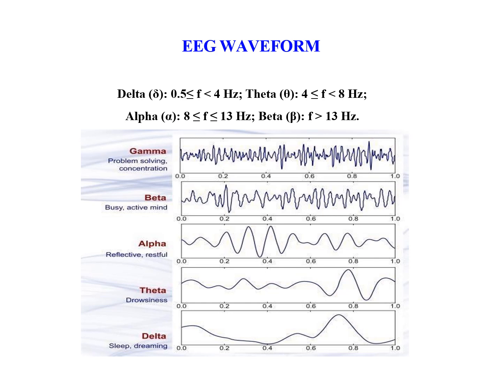First is gamma: problem solving and concentration are the gamma waves. Beta is a busy or active mind. Alpha means a reflective, restful mind. Theta is the waveform of drowsiness. Delta is the sleep and dreaming waveform.